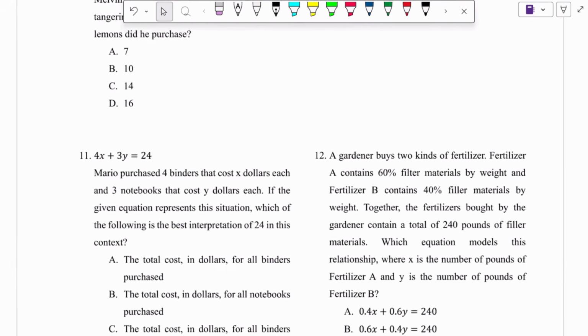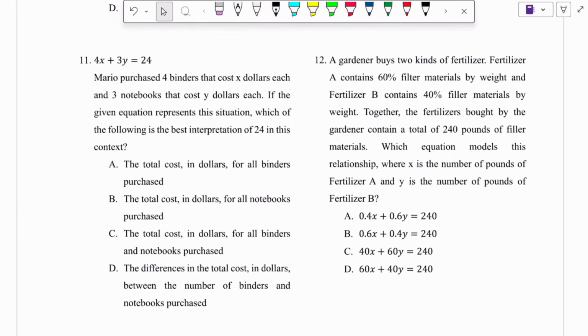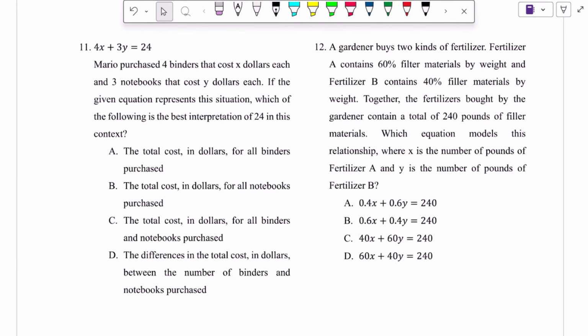All right, moving on. Ooh, problem number 12. Whenever kids see problems that involve percents, and we've got some really unique equations down here, let's take a look to see if we can figure this out. A gardener buys 2 kinds of fertilizer.